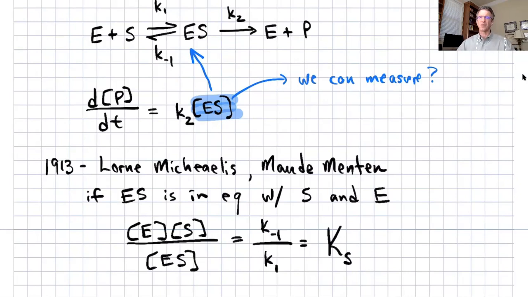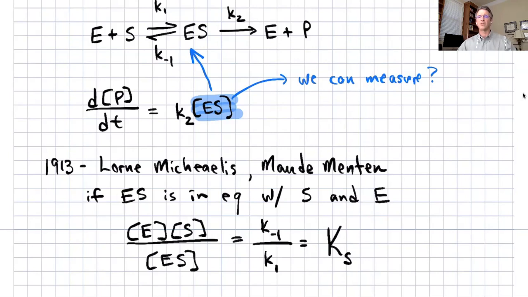But doesn't that just make things worse? The whole thing I was stewing about here was the fact that we have this ES complex that we don't really know how to specify. It's a variable I can't really pin down. And now I've introduced the equilibrium constant. In addition to ES, which I can't specify easily, I've got this free enzyme. Now what do I do? Well, the trick here is to use one additional piece of information you know about the system.